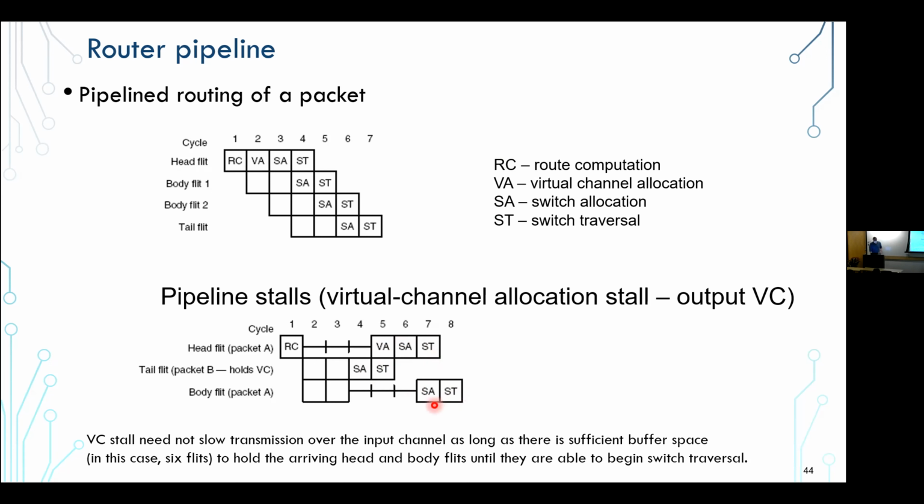The important thing to notice here is that we are overlapping some stages, right? While the head flit, for example, is making the switch traversal, the body flit can already get into the switch allocation stage, right? Because these two don't overlap. One has been granted passage, they go, the other one is in that allocation stage, bidding for the channels across the switch, just like with every other virtual channel. Okay.